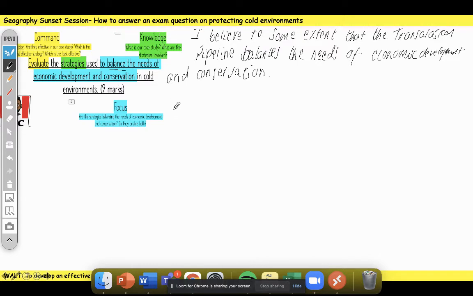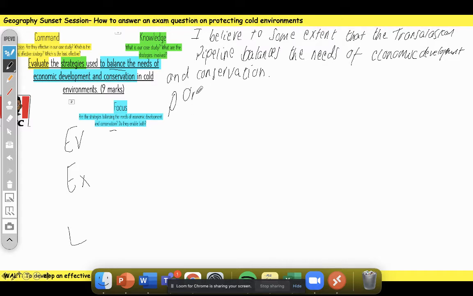So now we need to think about how we can develop that into a PEEL paragraph. So don't forget we have our point, then we have some evidence to back up our point, then we explain our point, and then finally we link it back to our original point or to the question. So in terms of our point, I'm going to focus on the use of technology because that's what the Trans-Alaskan Pipeline is.